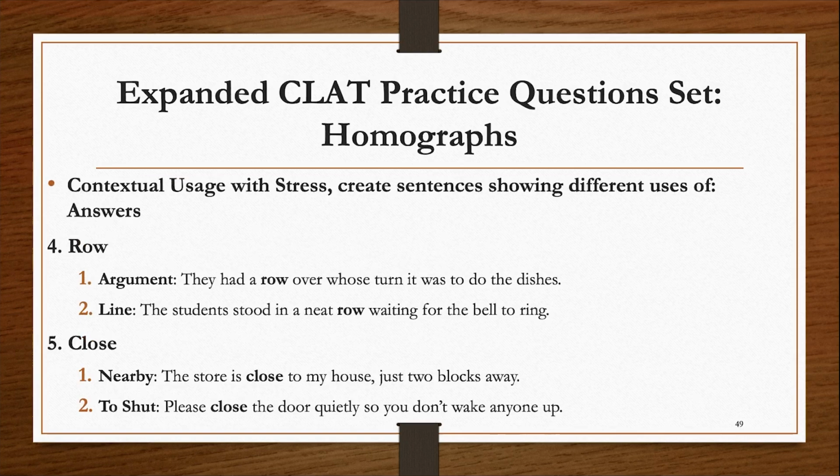Now, again for the fourth one, ROW. Row for an argument basically means what? They had a row over whose turn it was to do the dishes. Whereas the other row refers to the seating arrangement, the line in a way: the students stood in a neat row waiting for the bell to ring.